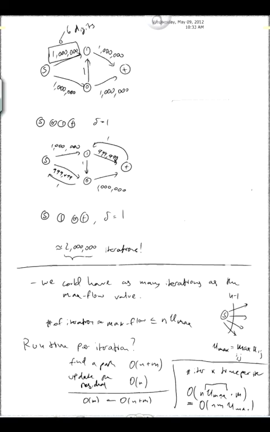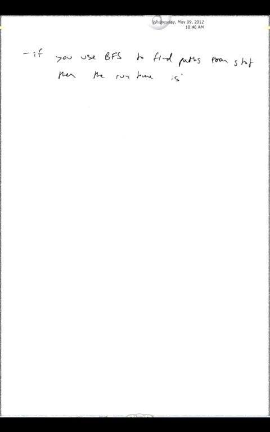So we're not happy about this, but it actually turns out that practically Ford-Fulkerson is not that bad. So the reason for this are a few things. So first, it turns out that if you use BFS to find paths from S to T, then you can show the runtime is slightly better, so we can get rid of the Umax.